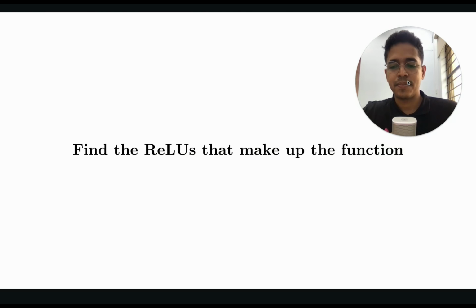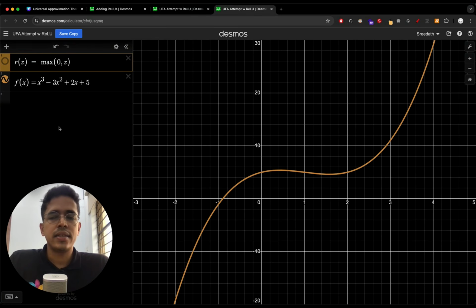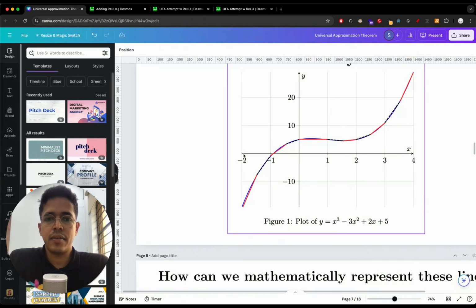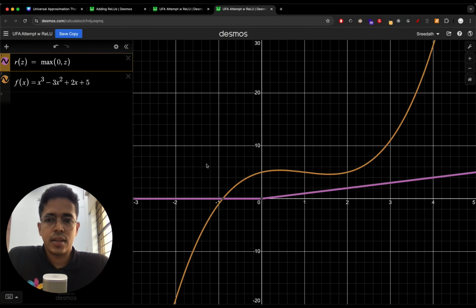So let us plot the function that we are looking at first. This is x cubed minus 3x squared plus 2x plus 5. So this was the original function that we were trying to approximate. And let us plot a normal ReLU first. This is how a normal ReLU looks.